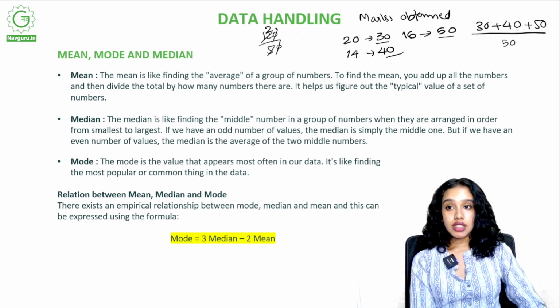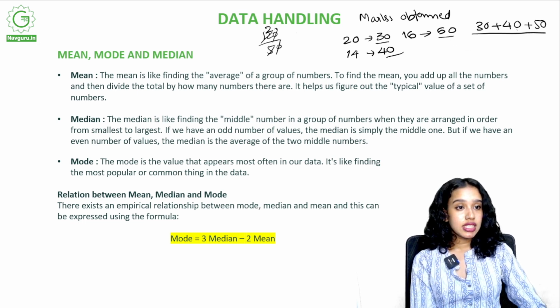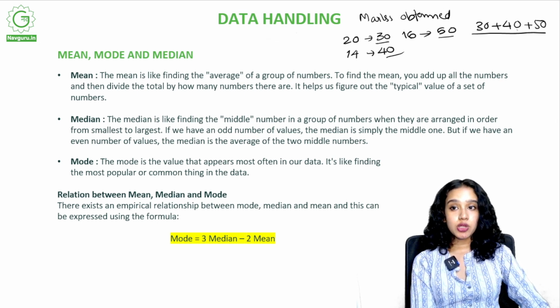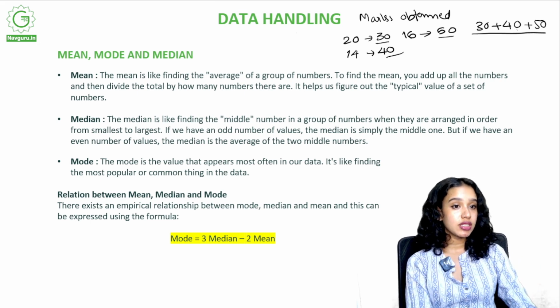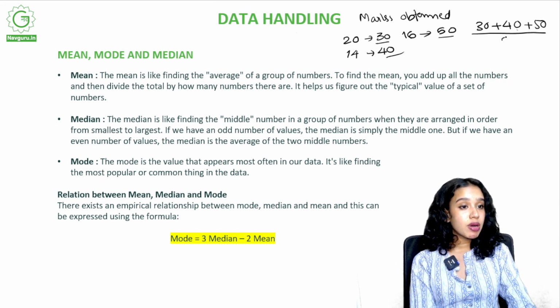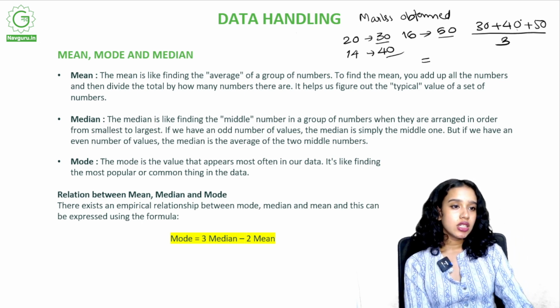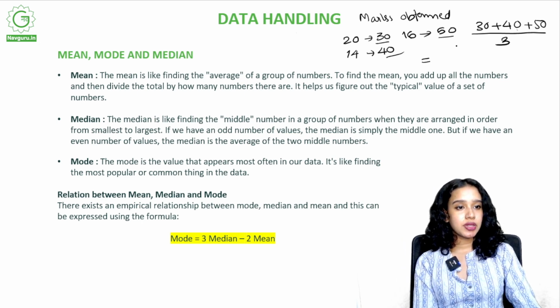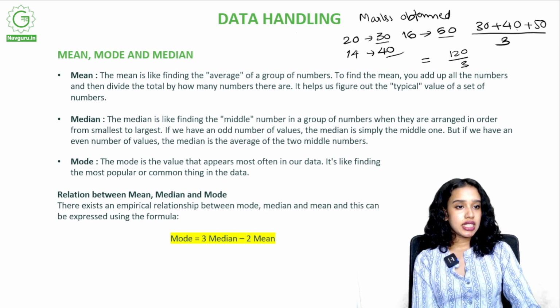group members. Now here we have a slight issue, because we just said that 20 people had this one, 14 people had this one, and 16 people had this one, right? Now here the amount of data taken is 3. So we have to divide it by 3. So we have 70 plus 50, 120 by 3.